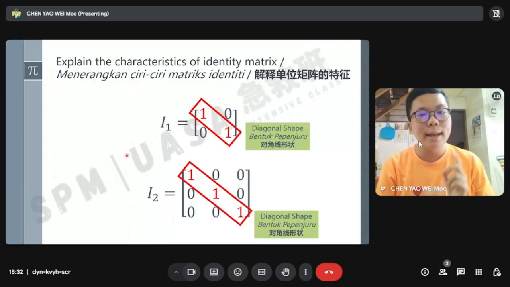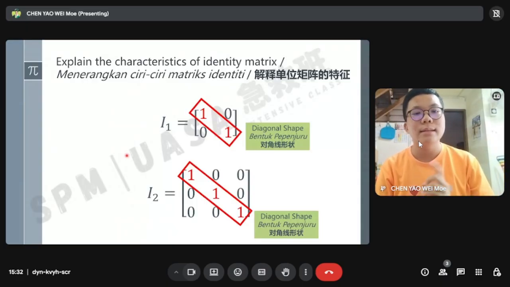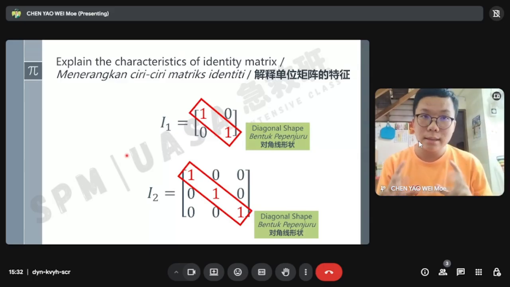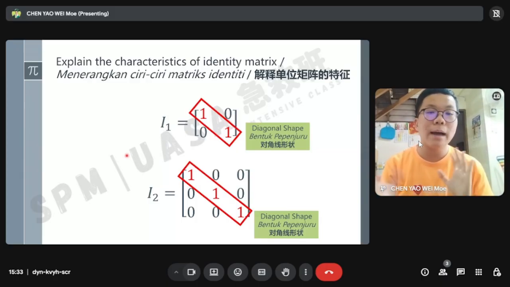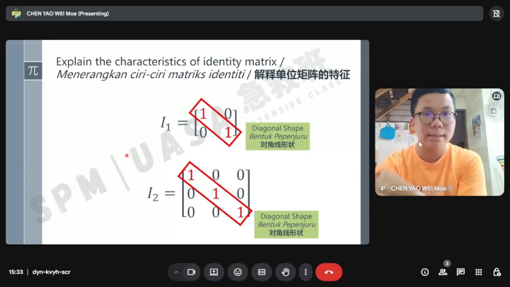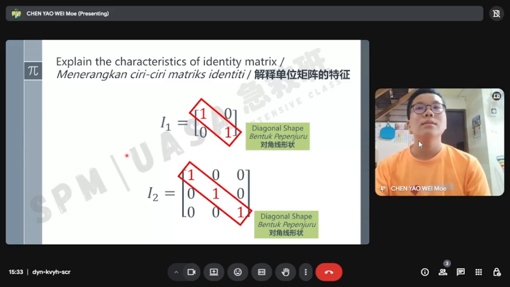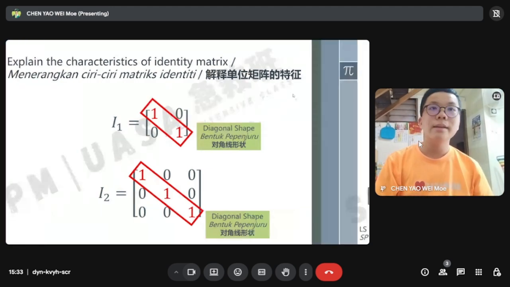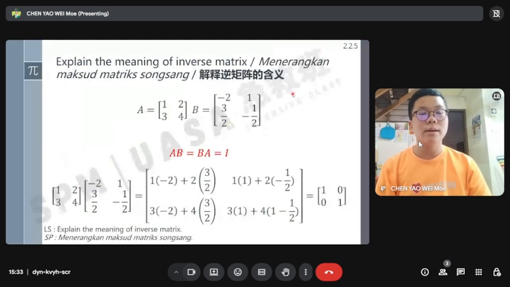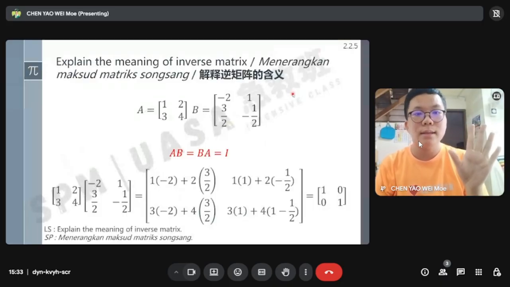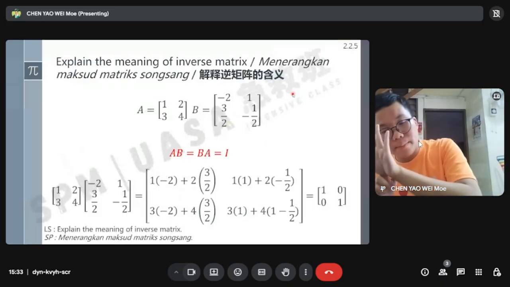If the final answer is not a number like this, then that thing we don't call an inverse matrix or identity matrix. So both are not identity matrices. What can we use this one for? Identity we can use for the inverse matrix. Inverse matrix means, okay, this is the original matrix and I convert it to another matrix.